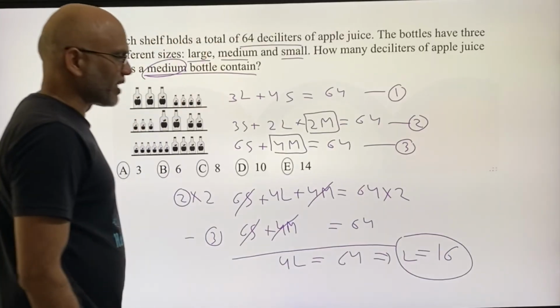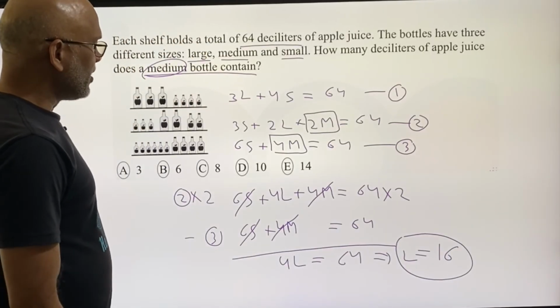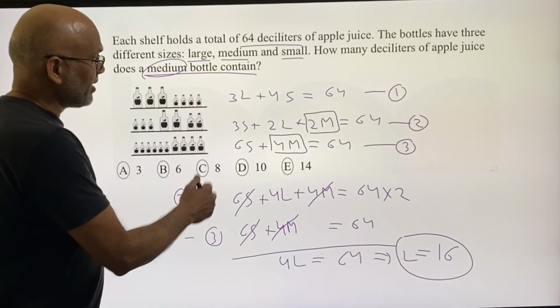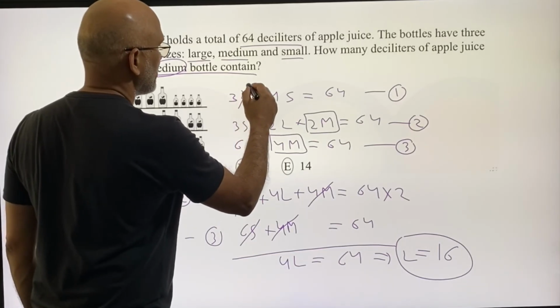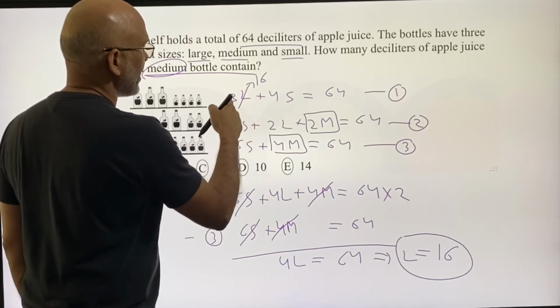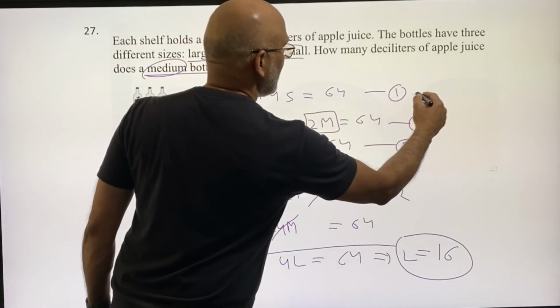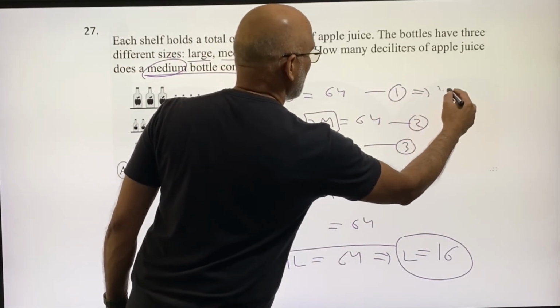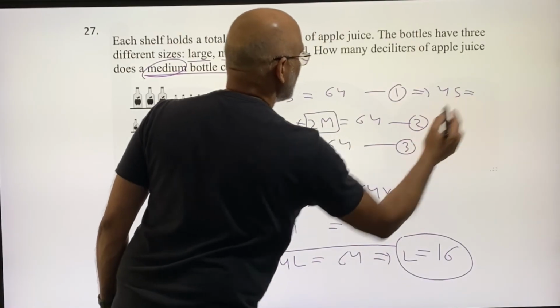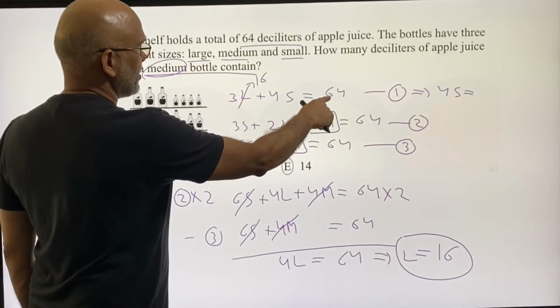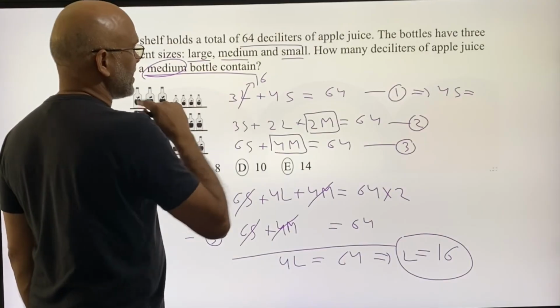All right. So that was nice. So if L is 16, from equation 1, this implies 4s is equal to, so 3 times 16 is 48.